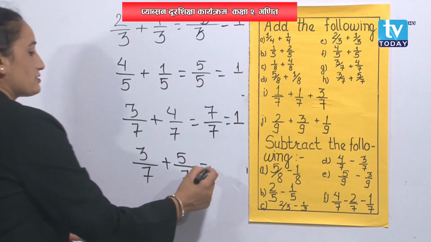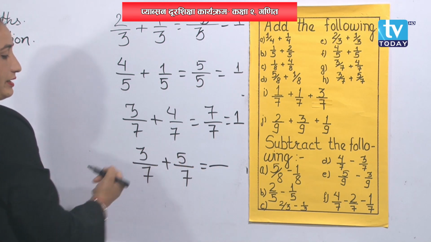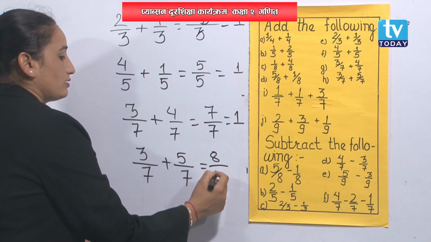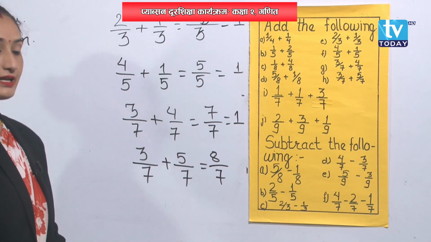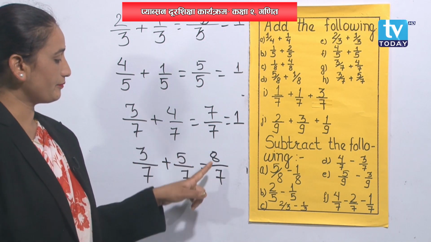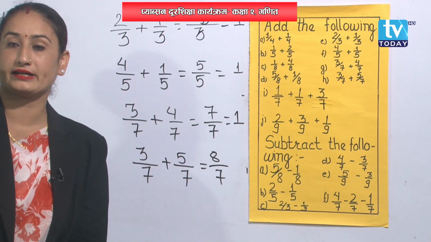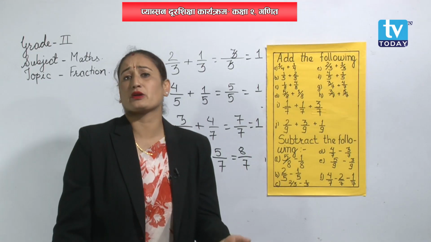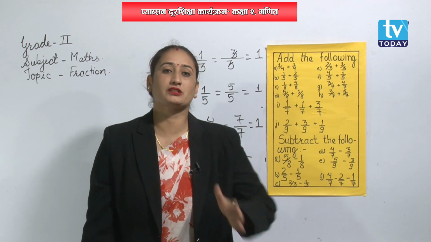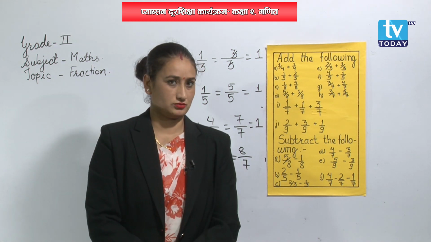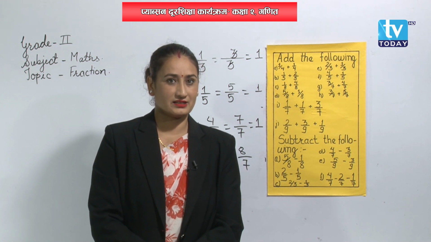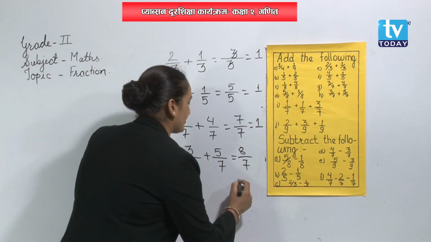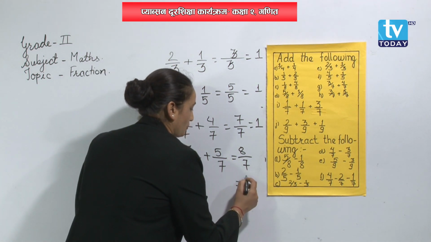Okay, now can you tell me 5 plus 3? 8. Now see, students, here is 8, below is 7. Why? One apple is not sufficient, so we need to cut another apple also. Do you understand? 7 plus 1 is 8, so we can write it this way.